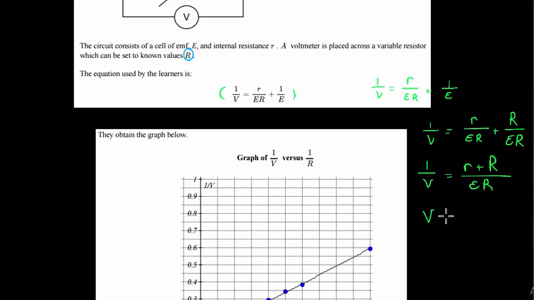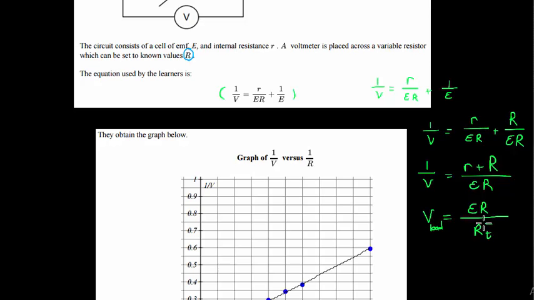we get voltage is equal to, and this is obviously the voltage meter reading over the external, so this is the voltage over the load. The voltage over the load is equal to the EMF times R over total resistance.